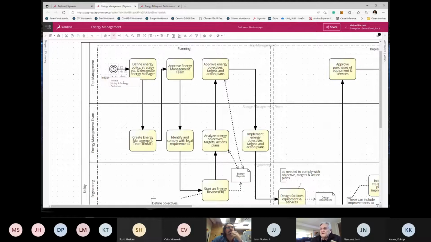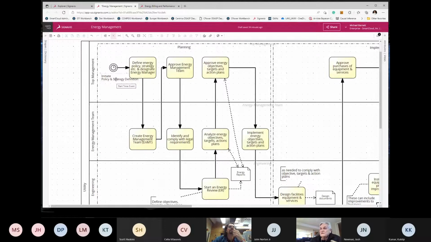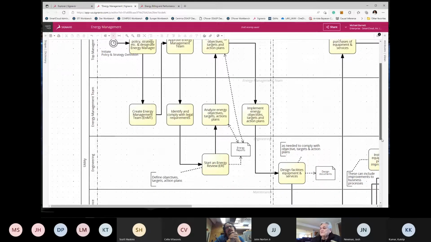a policy and strategy definition process that needs to initiate. And when it does, then they define this policy and designate an energy manager. And then what happens next? These are all in sequence. So these are just tasks that happen in sequence. Then there's a pass of responsibility to the energy management team here, who creates the team, I guess, brings the people together. Management approves it, and then they identify and comply with any legal requirements that may be necessary.